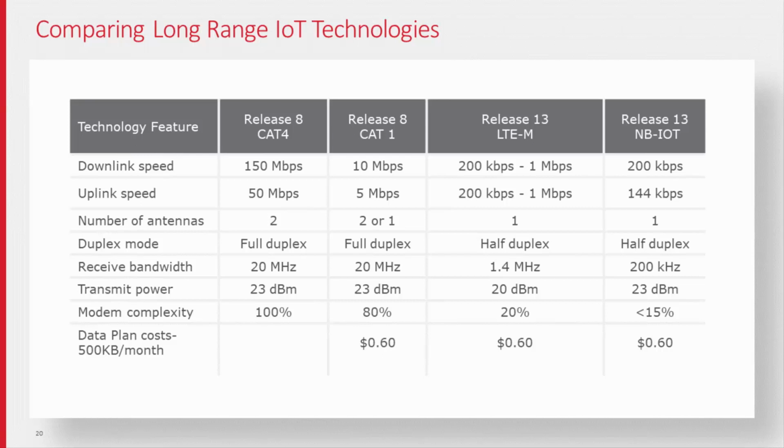Most people are familiar with 2G, 3G, 4G, and LTE. What's happened is that the cellular standards groups have started focusing more on the Internet of Things and developing standards that are optimized for these types of devices. So LTE-M is an abbreviation for LTE Cat M1, and the M stands for machines, so it's LTE for machines is how you can think of it.